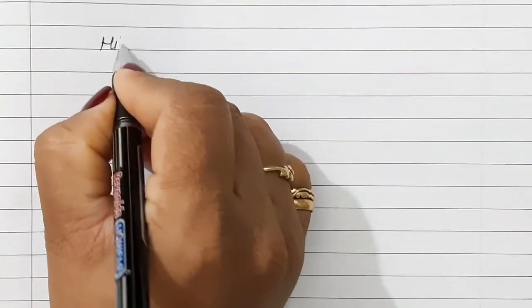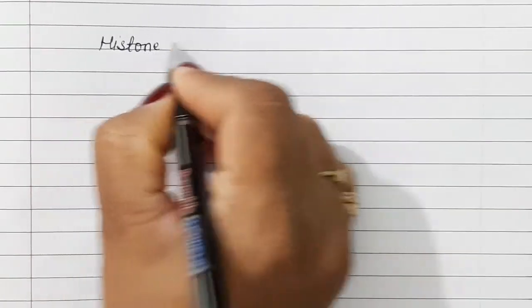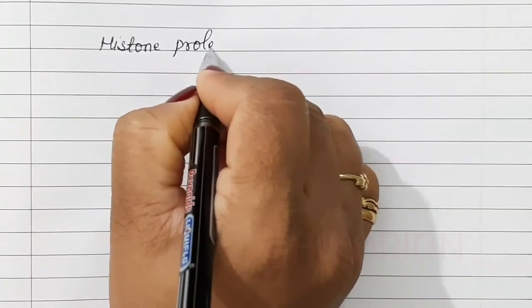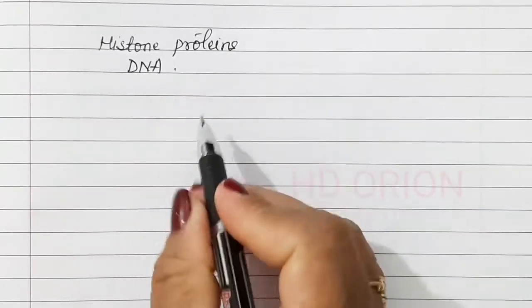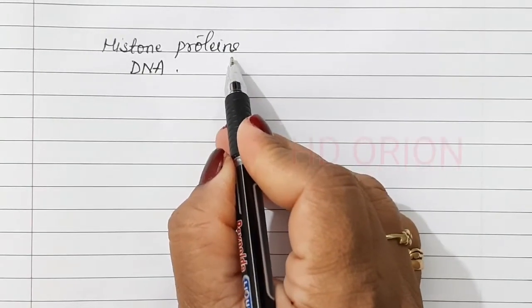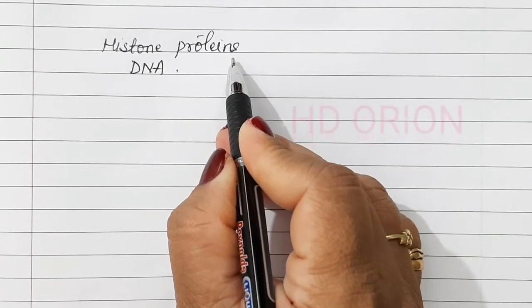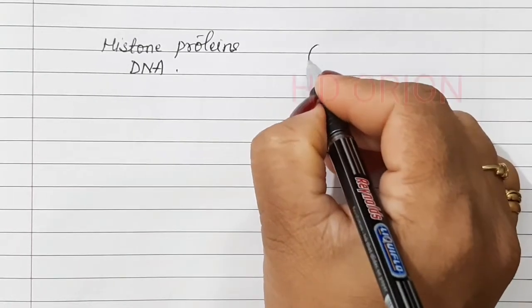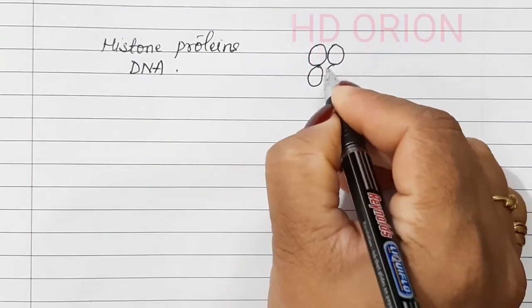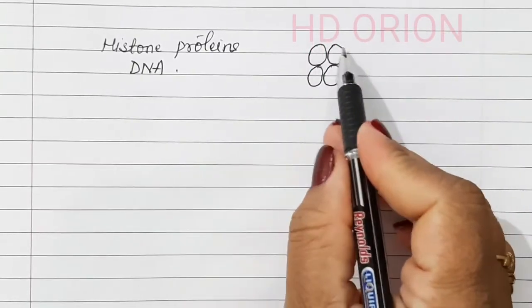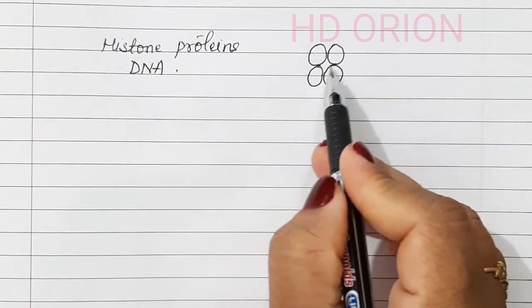The chromosomes are made up of histone proteins and DNA. Now these histone proteins are globular proteins which are already present in our body. These are round structures like this, and when 8 of them gather, the DNA winds around them.